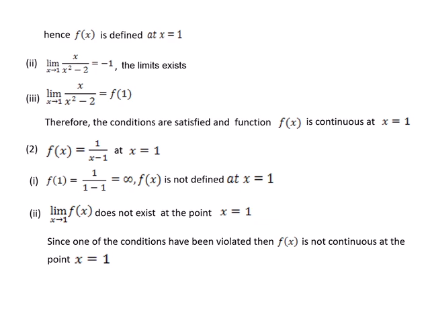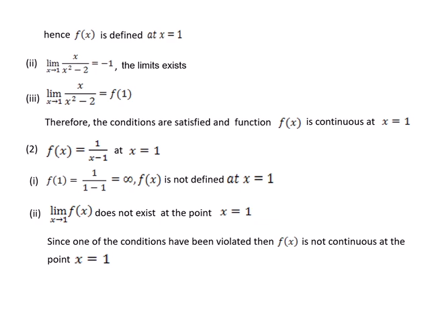Looking at the next slide, the first one, we know that f of x is defined at x equal to 1. So the next fact, we substitute, then we see that the answer there is minus 1. We substitute 1 into where we have x and that of x squared, then the answer is minus 1 and the limit exists.